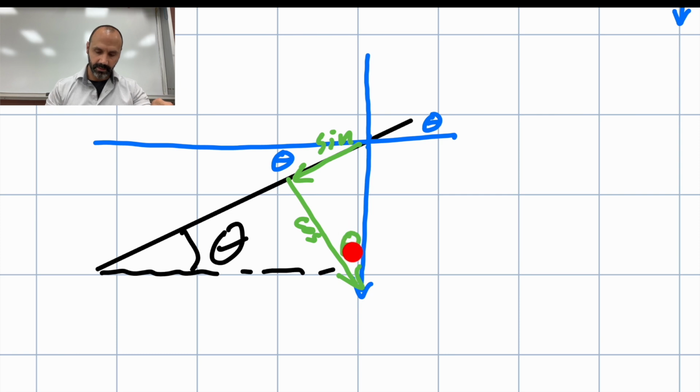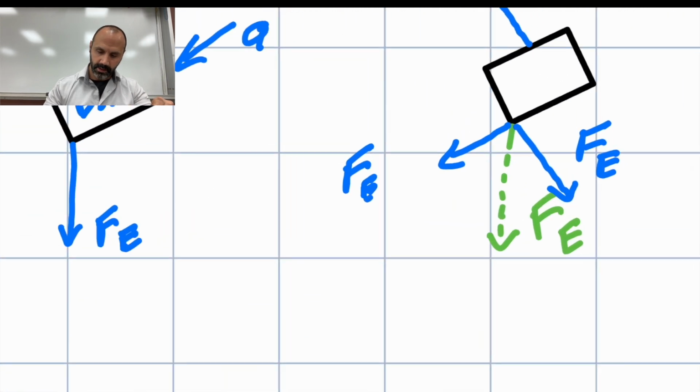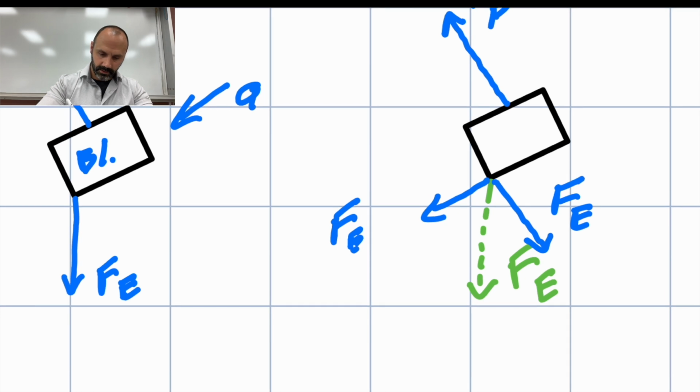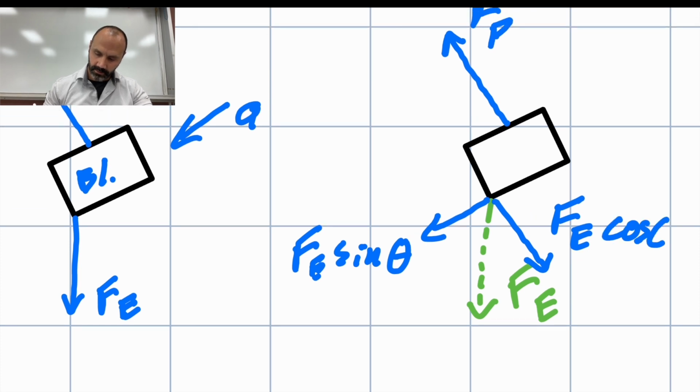If this angle is theta, that means this component is the sine theta times the hypotenuse, which is the Earth's force, and this one is cosine theta. So then I can add that here, right? What did I say? I said that this one is Fe sine theta. I want to give myself even more space still. So Fe sine theta, and this one is Fe cosine theta.